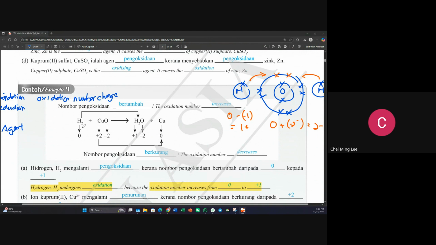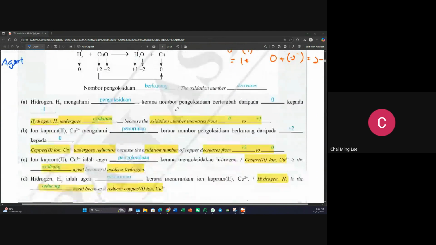Hydrogen at first is 0, but it becomes water, which has hydrogen ion. Hydrogen ion is +1, so the number increases. So this is an oxidation process. Now for copper, from +2 copper ion it is reduced to copper element. So this is a reduction. Okay?